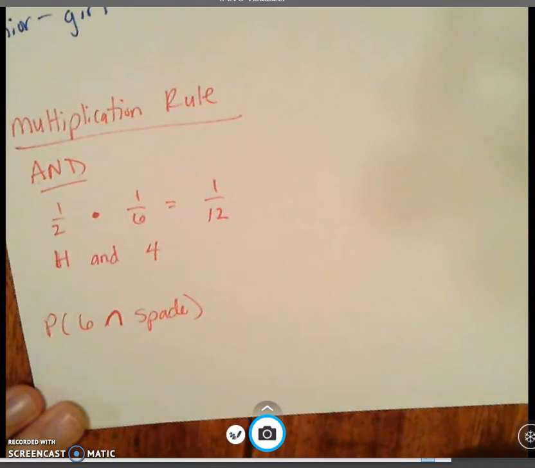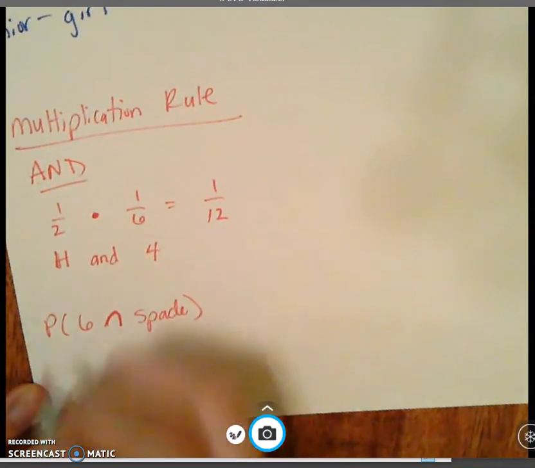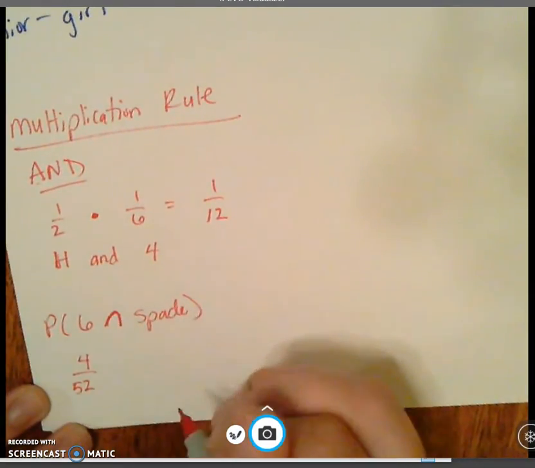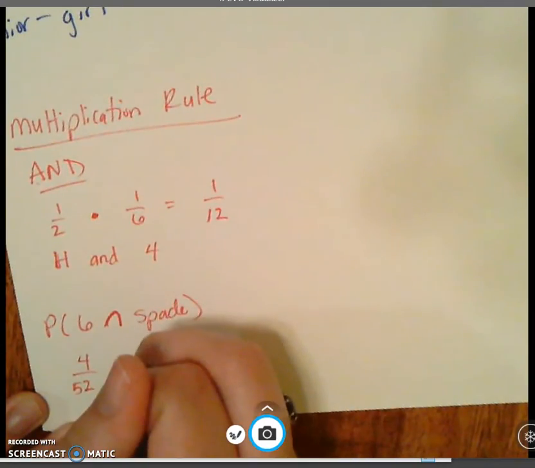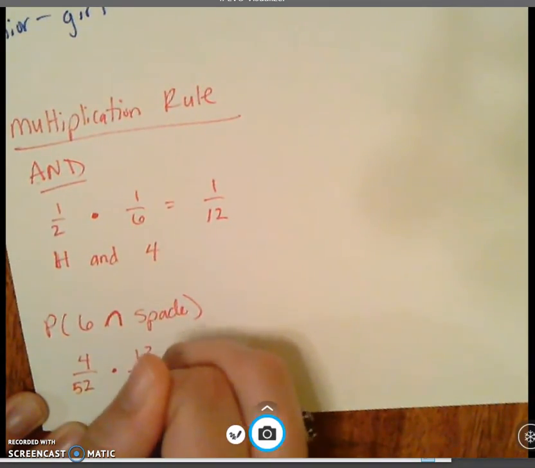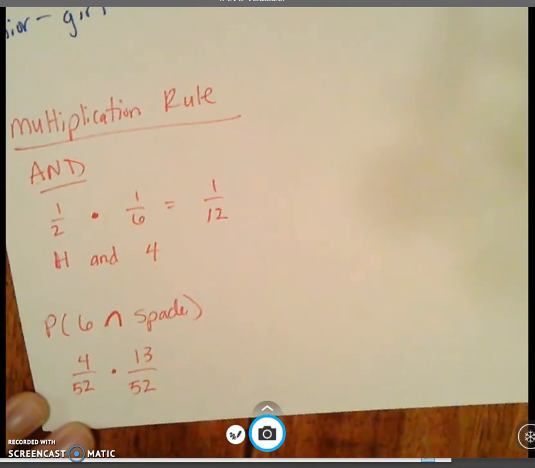Okay, so I'm drawing 2 cards. If I want a 6 and a spade, the probability of getting a 6 is 4 out of 52. Okay, we're doing with replacement, which means I put it back. So I put that back. And then this time I want a spade, so 13 out of 52. If I did not put that card back, it would be out of 51. Keep that in mind, guys.